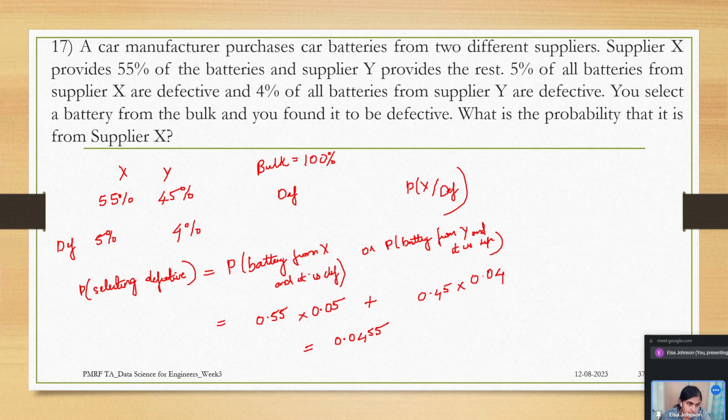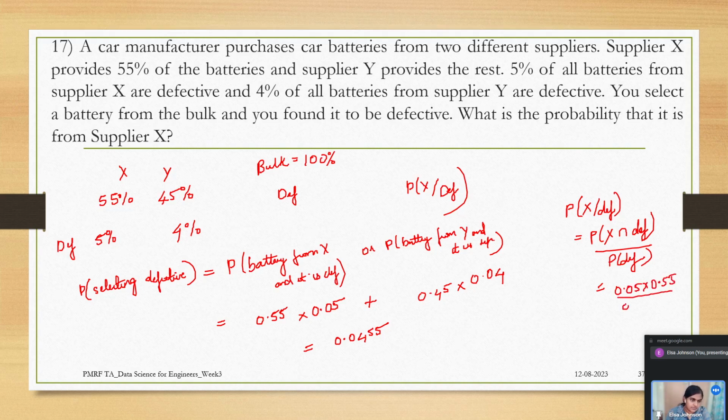Now you have to find the probability of X given defective. As you have seen earlier, that is the probability of X intersection defective divided by the probability of defective. So the probability of X intersection defective is 0.05 into 0.55, divided by 0.0455.